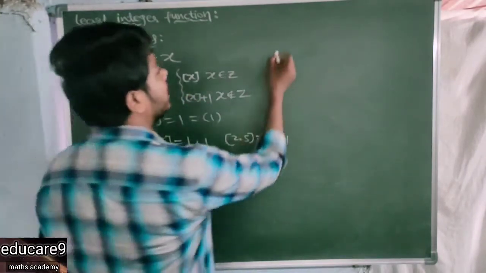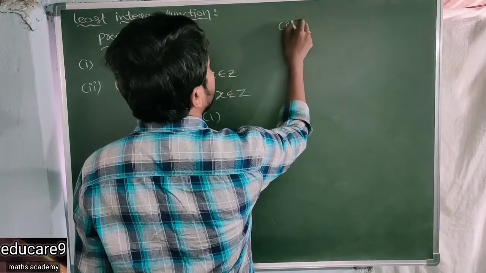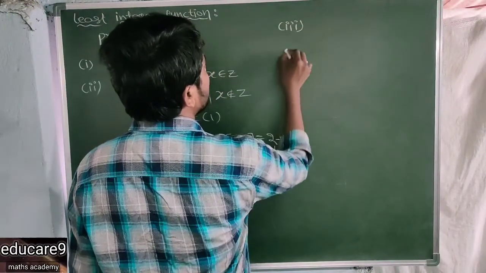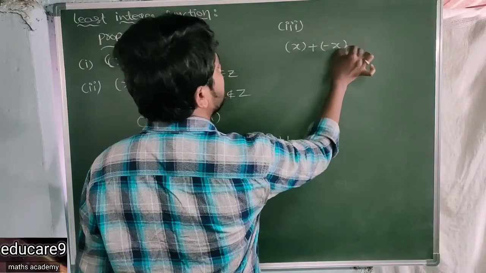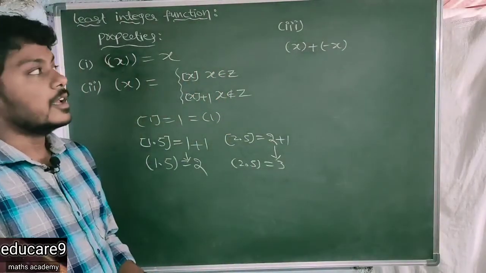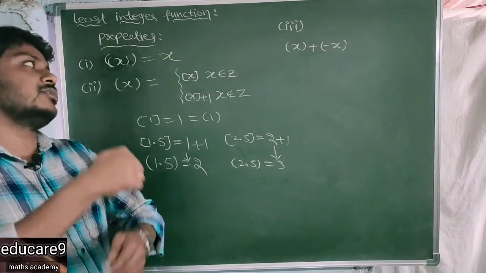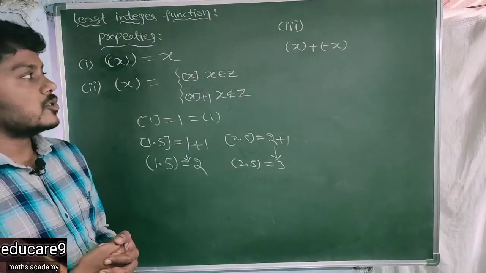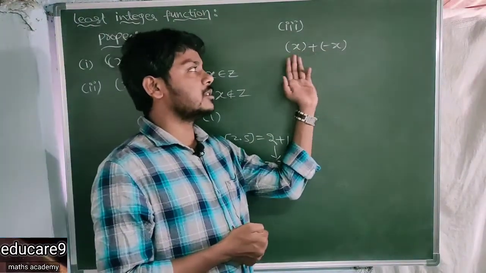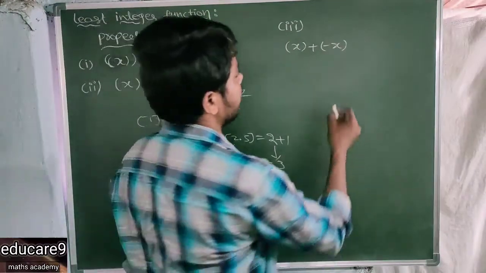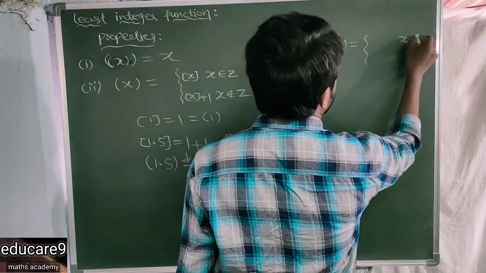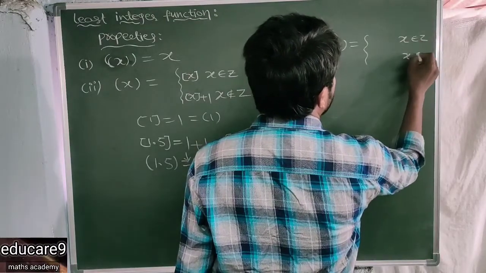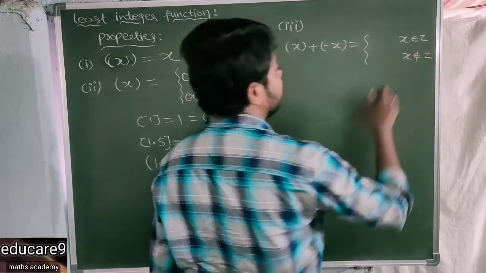Now the third property. Bracket of x plus bracket of minus x, for x an integer and x not an integer. So in that case, you have to find this value. See here, x belongs to the integers, x does not belong to the integers.